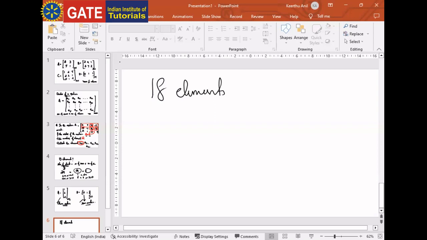So 5 will be 5 cross 1 or 1 cross 5. Which is the row matrix among them, 1 cross 5 or 5 cross 1? 1 cross 5 should be the row matrix. So 5 cross 1 will be the column matrix. Got it?